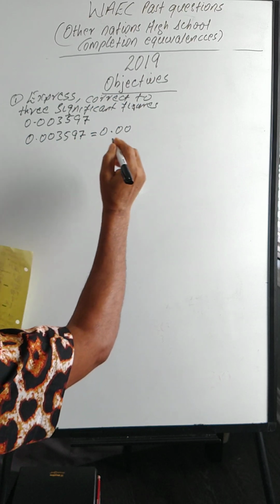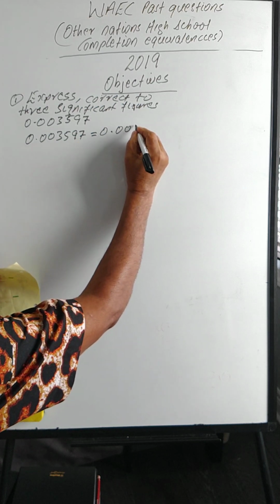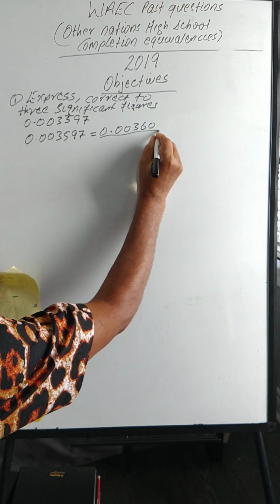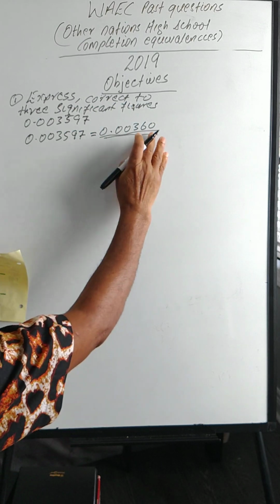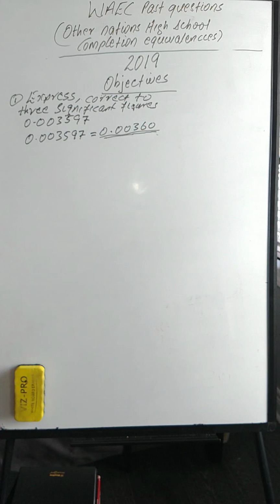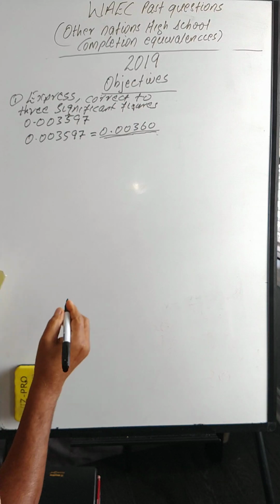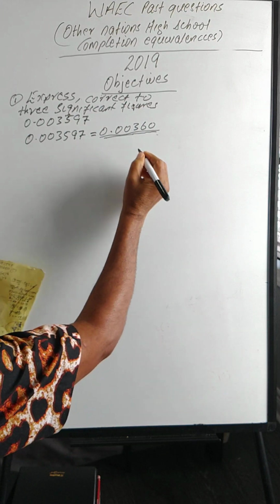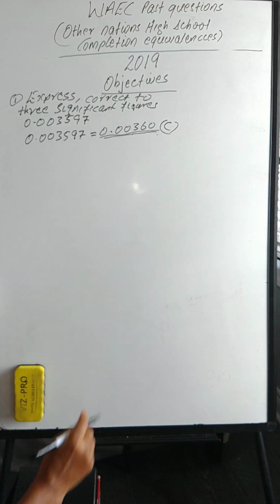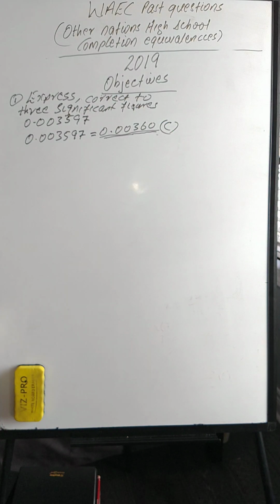So our answer will be 0.00360. That will be our answer. We have now corrected this to 3 significant figures. And that is option C in the past question paper, option C. That is for number 1.